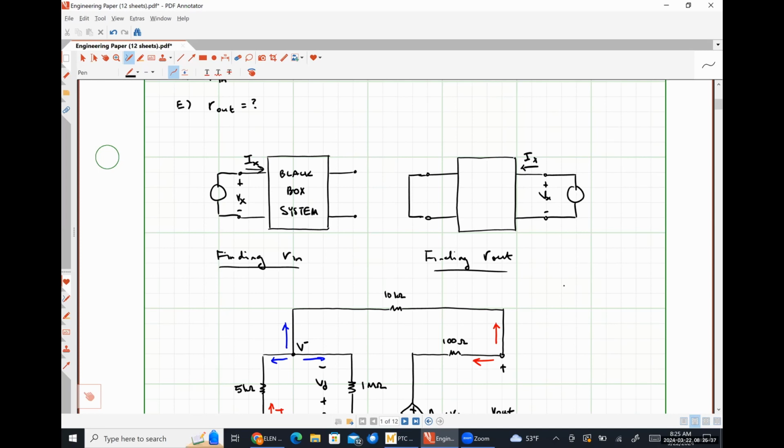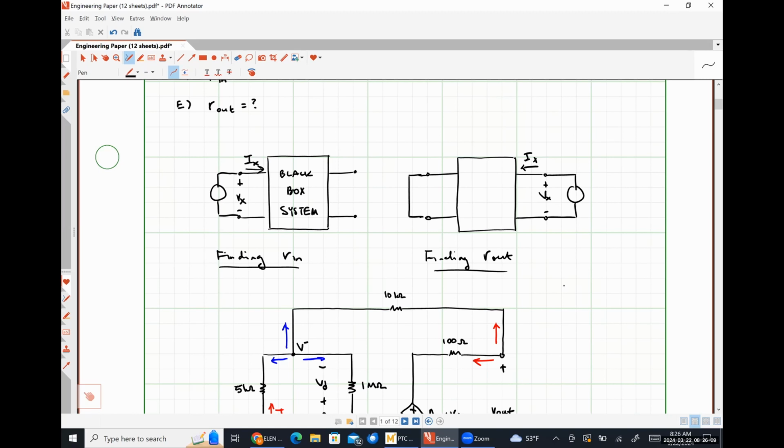As it turns out, with my output terminals open circuited, V out is my Thevenin voltage. So realistically, I could just reanalyze the circuit with my output shorted to find my Norton current and take the ratio of those two quantities, as opposed to looking at the entire system backwards. Either way works. It's a little less work to find the Norton current because we already have the Thevenin voltage, so that's the route I'm going to choose.